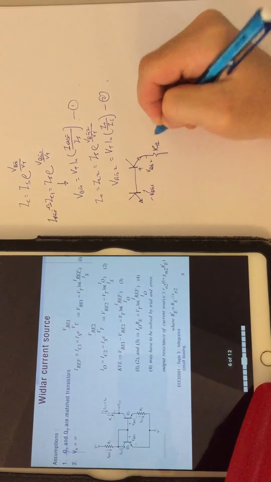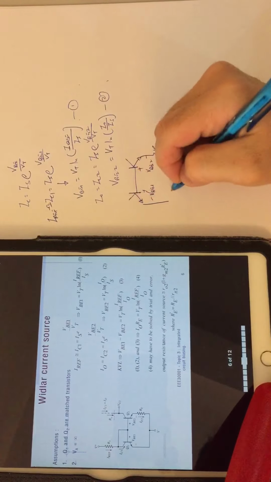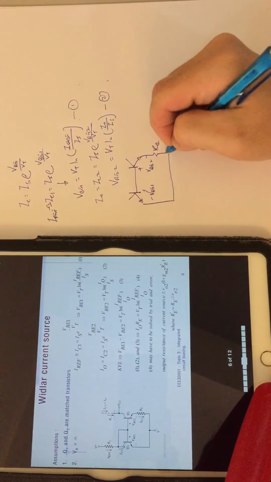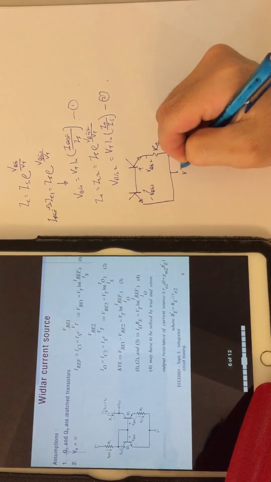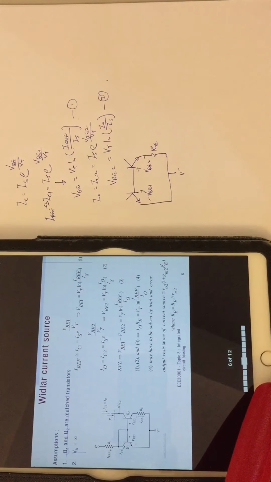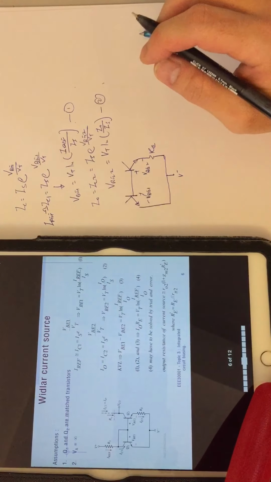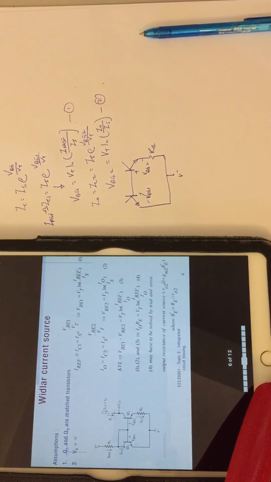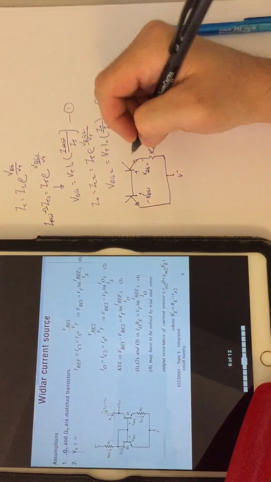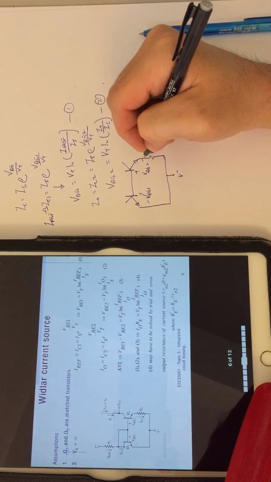There's a resistor RE. We assume that IC is equal to IE in the BJT.